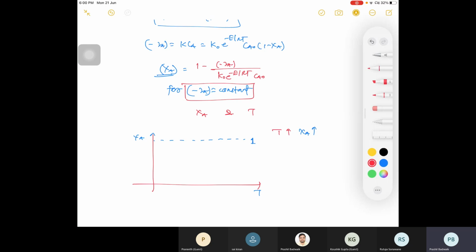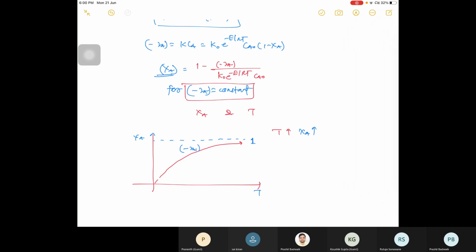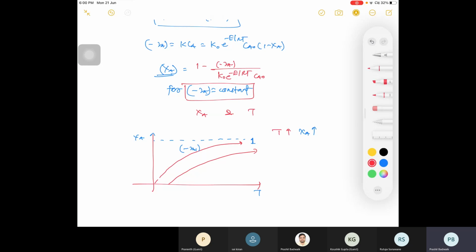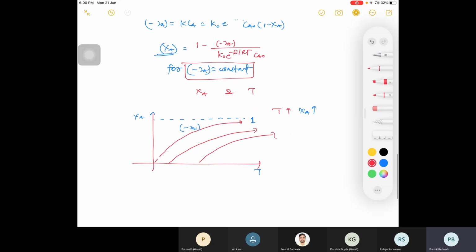So you will get this kind of curve for a single value of minus Ra, so right here minus Ra 1. For different values of minus Ra, we will have different curves. This kind of curve you will get.